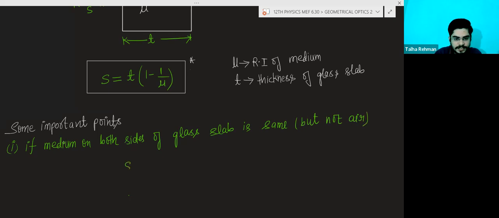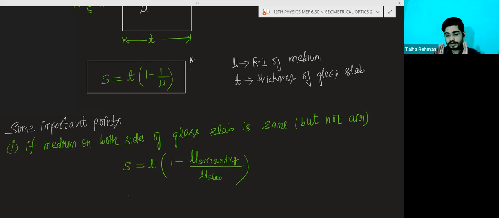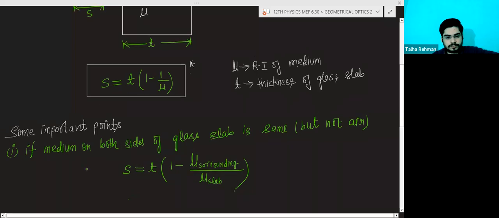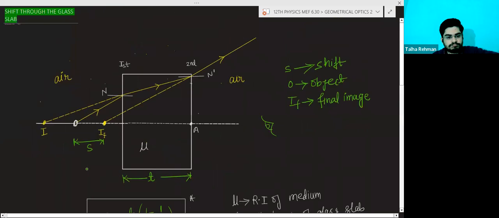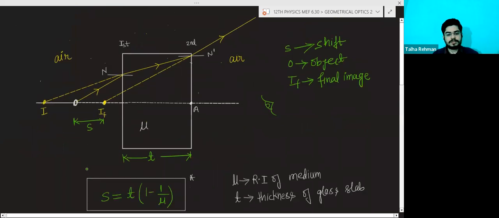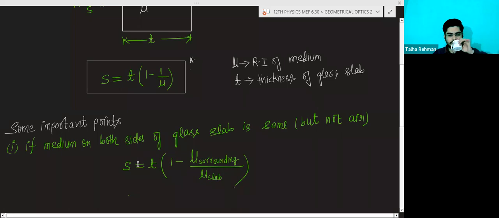Then in that case, the shift will be given by T times 1 minus refractive index of the surrounding medium divided by the refractive index of the slab, if not air on both sides, if any other medium is there. Okay, so write down this. This is the only important point.